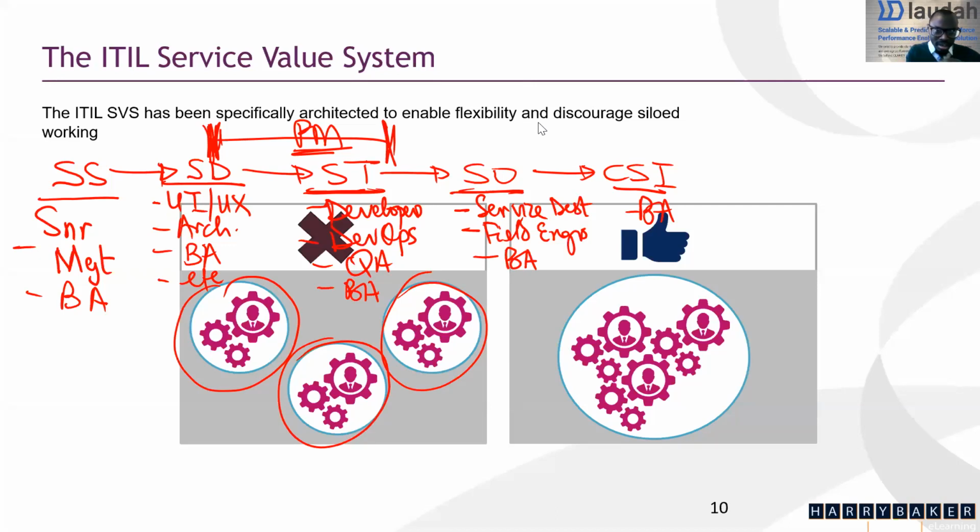The PM will be in between, because before any PM can start work, there must have been an opportunity or a problem. And those could have been clarified during service strategy. And the BA could have taken those problems or opportunities and defined them further by gathering requirements, that is, what will be required to solve the problem or cash in on the opportunity, before a project manager then implements.